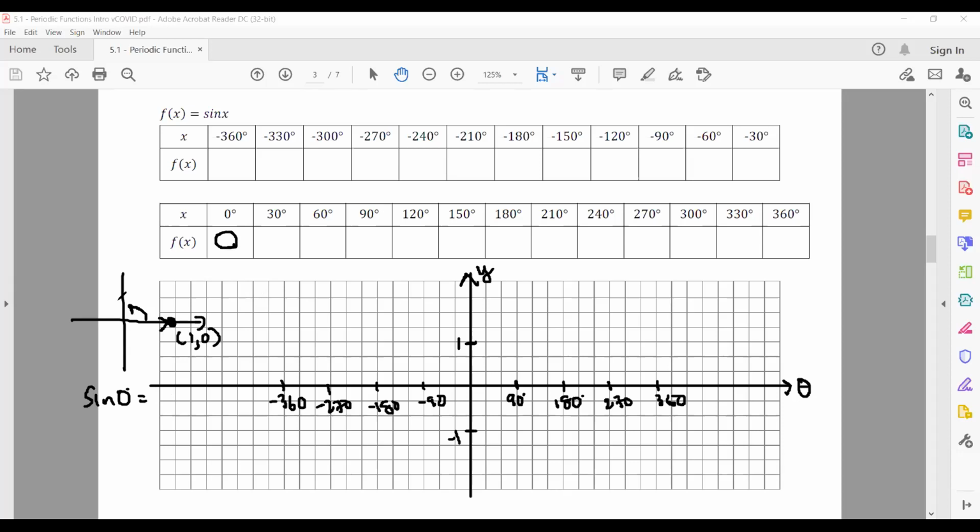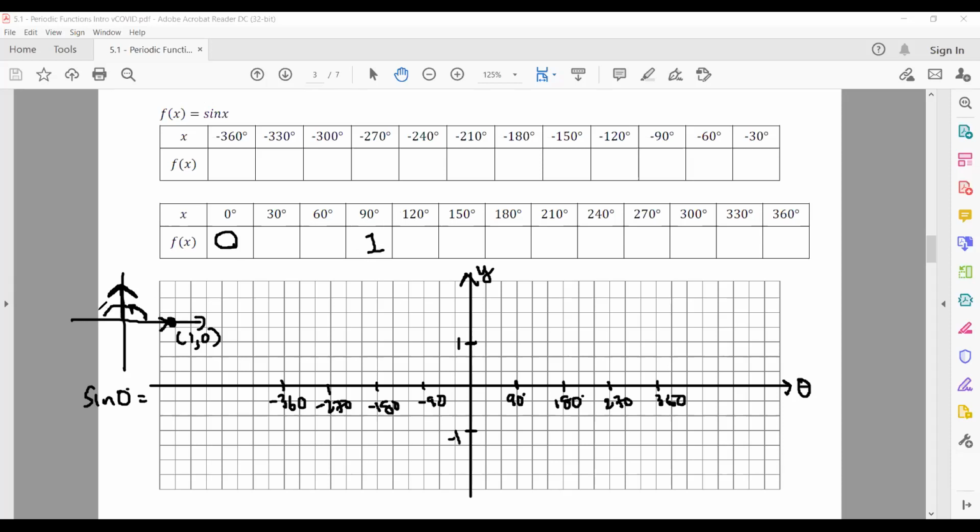If I rotate my terminal arm and I am now at 90 degrees, what's my y value? 1. Good.